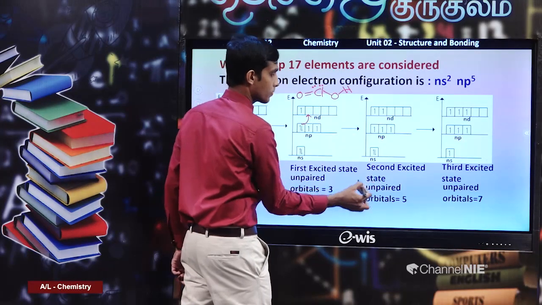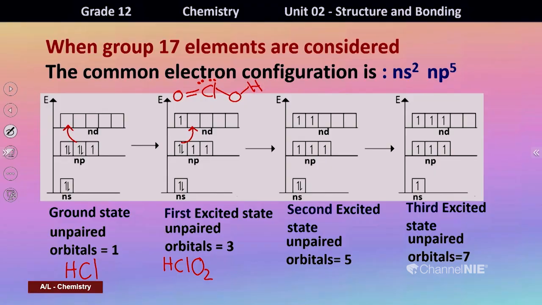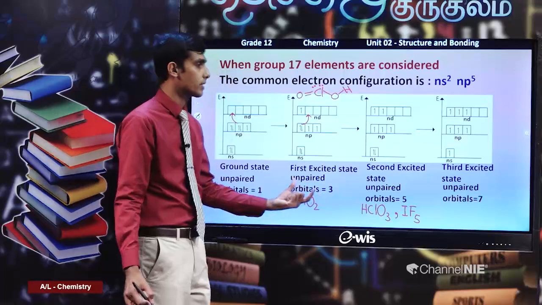That means it can form 5 covalent bonds. For example, HClO3 is an example, and a molecule like IF5, where iodine forms 5 covalent bonds, is an example.